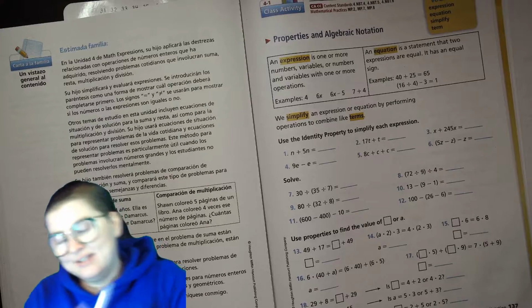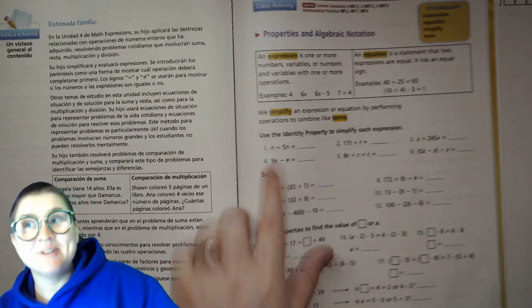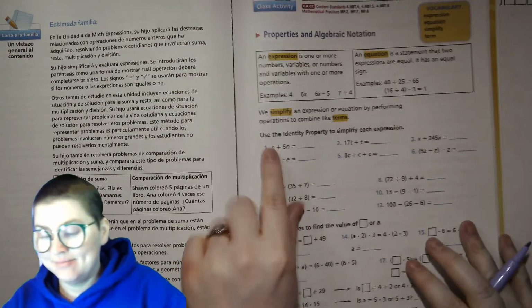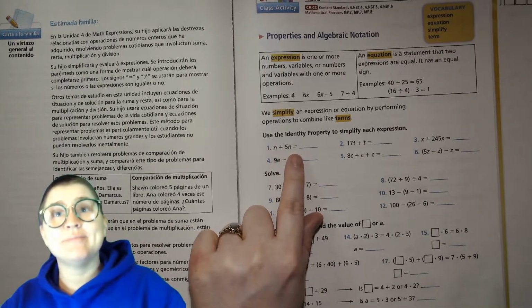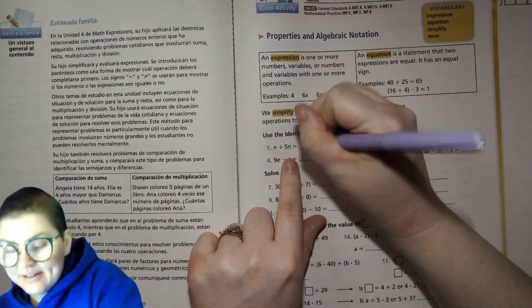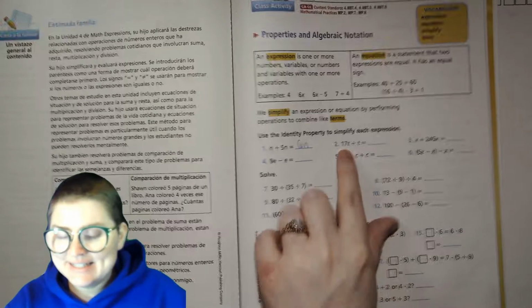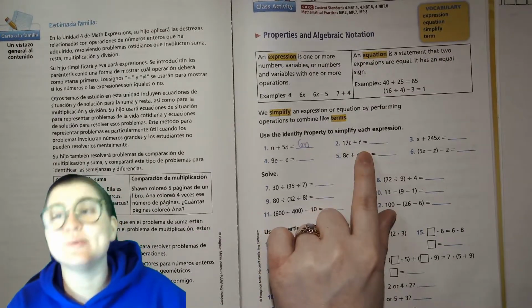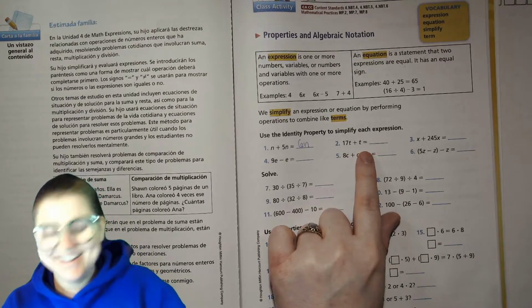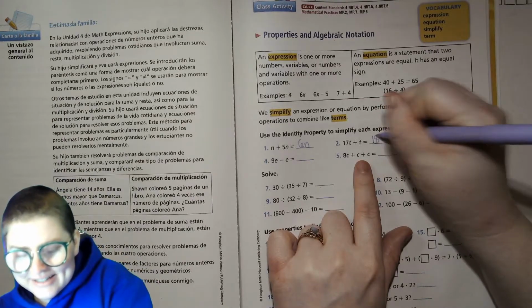Okay, so we're gonna practice that right now with number 1. Here we go. 1n plus 5n is what? 6n. Right? You have 6 n's. Okay? 17t plus 1 more t is what? 18t.